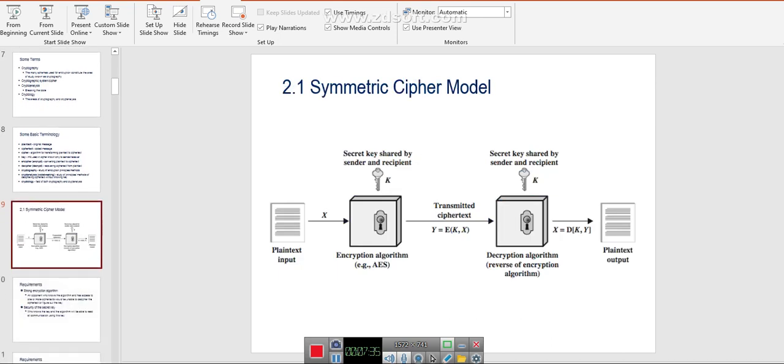So now we're going to move on to the symmetric cipher model.